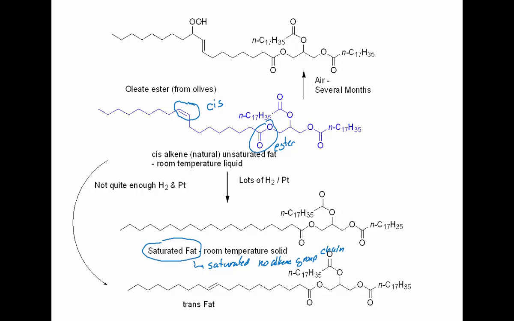An unsaturated fat, one that has a double bond in it, is typically a liquid. An unsaturated fat is also a little bit less stable in the environment because after several months in the air, you can make this group here called a hydroperoxide.